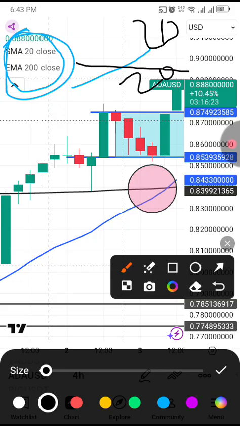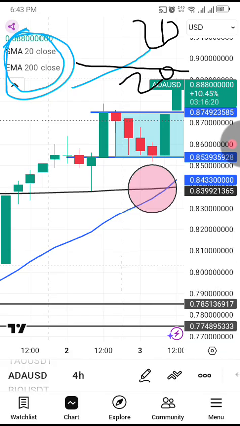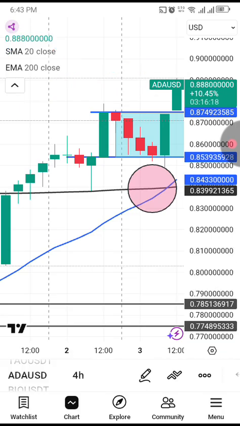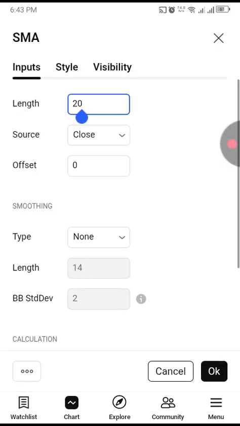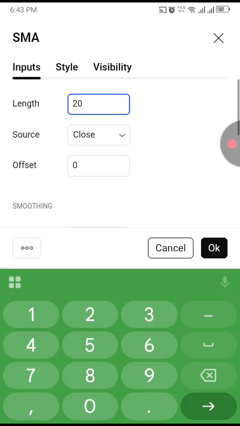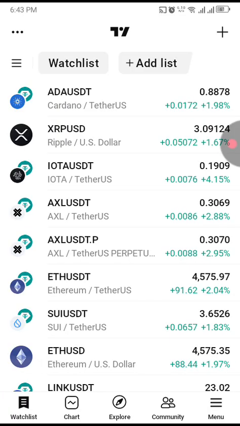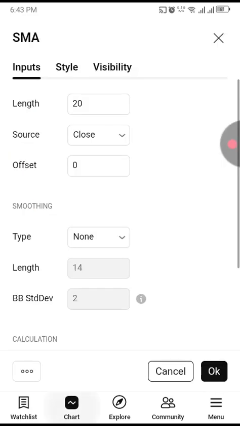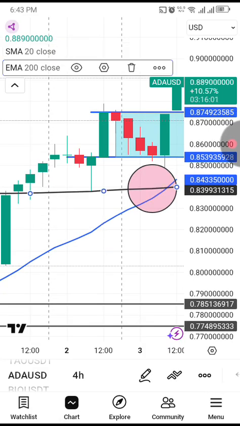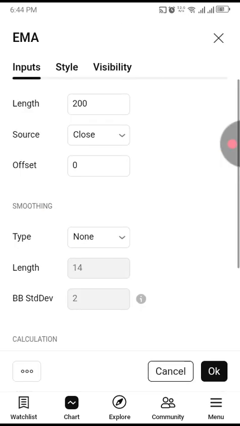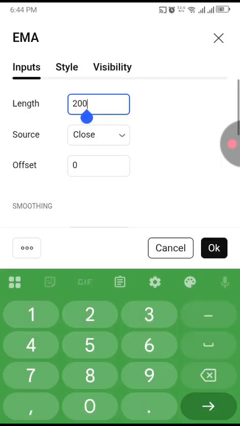In your setup, you tap on one line, it is one line that you put twice, and you make it 20. You can edit after putting 20, then you press OK. Then you insert another one, the same, and you go to input and change it to 200.